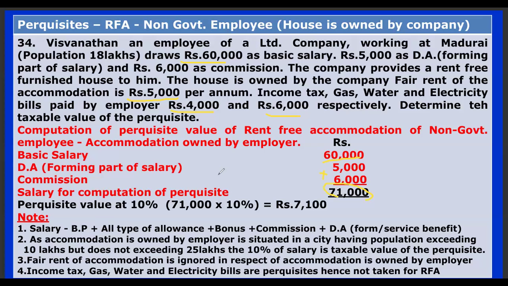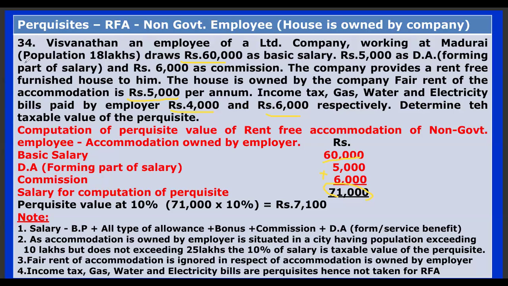So the value of perquisite is at 10% since the accommodation which is provided is owned by the company, and if it is owned by the company, then the rent is zero. Whatever charges are required are calculated based on the value of total assets.